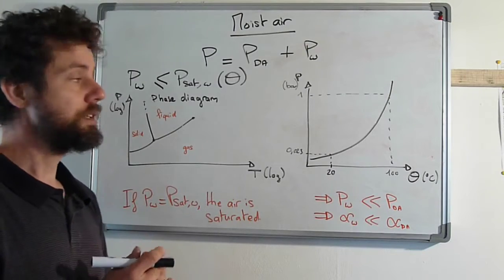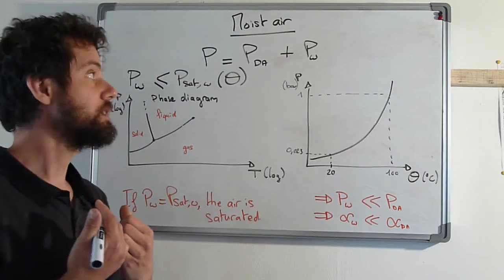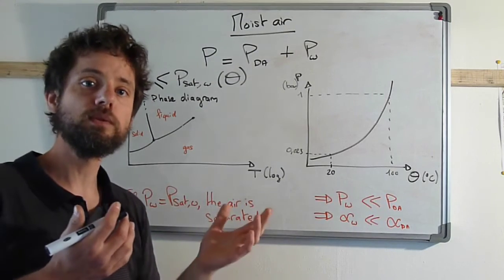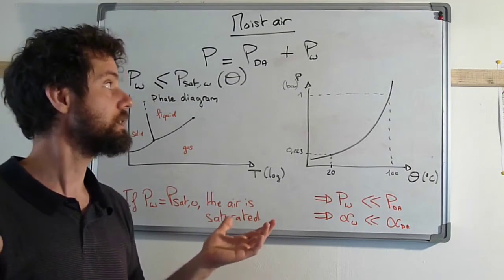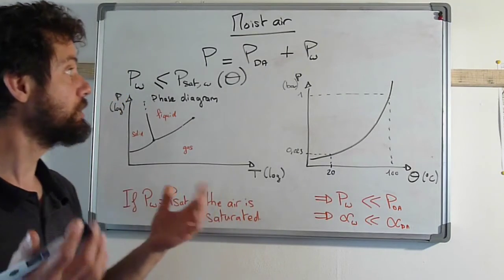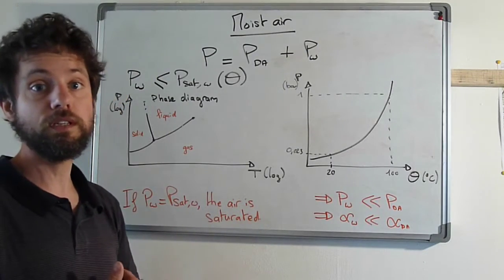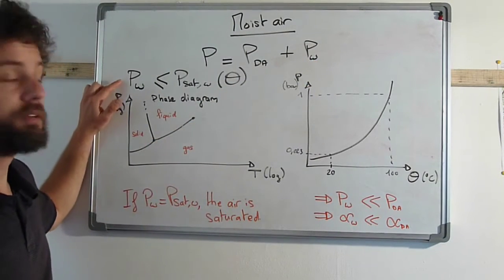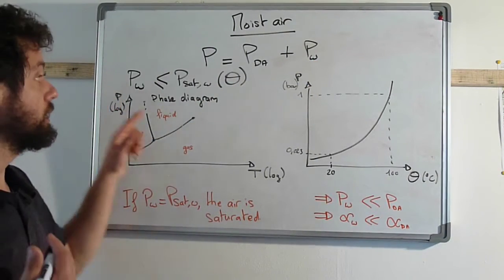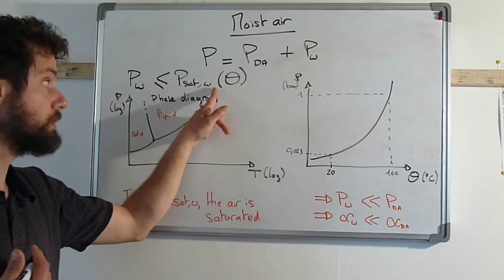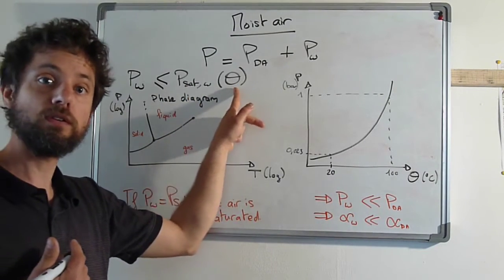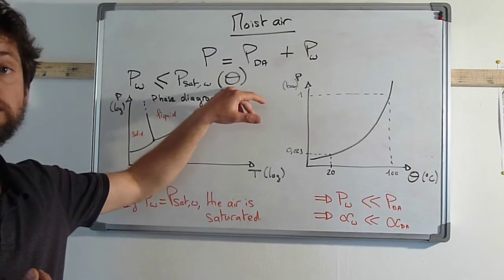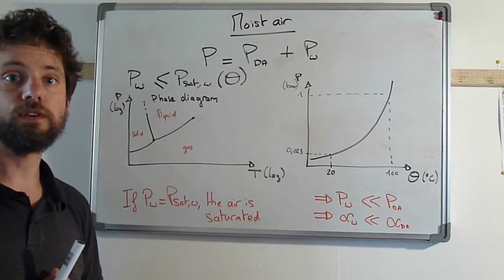But also the temperature is usually around ambient, so I would say something between 0 and 40 degrees Celsius. So in that case, there's also another condition for the partial pressure of water. This partial pressure needs to be below the saturation pressure of water that corresponds to the temperature of the air. And this saturation pressure is a direct function of temperature.